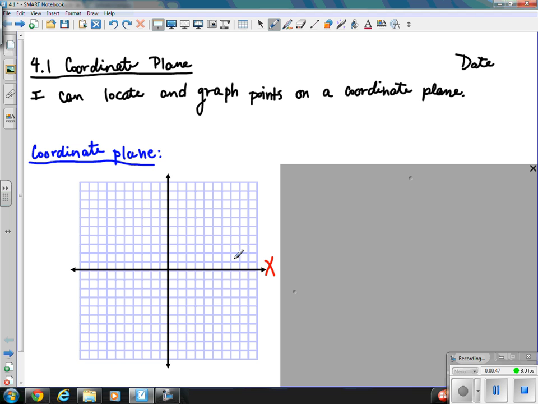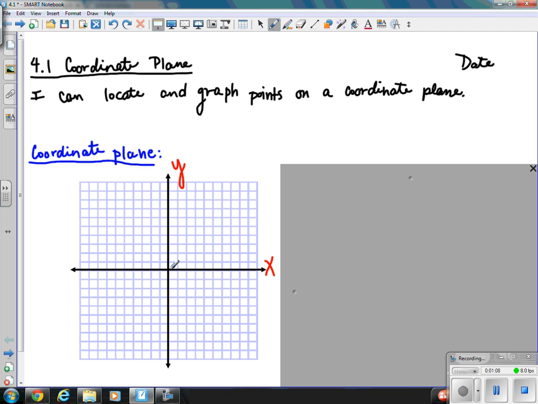Our y-axis is the one that runs up and down.